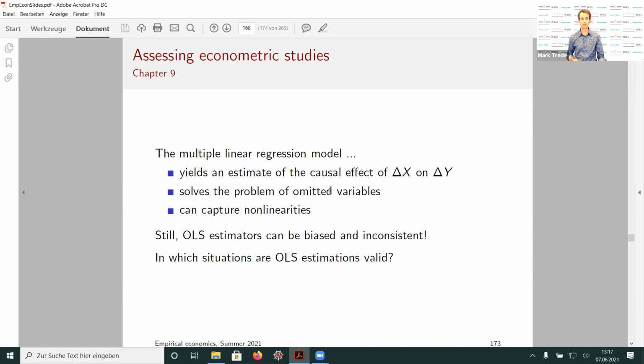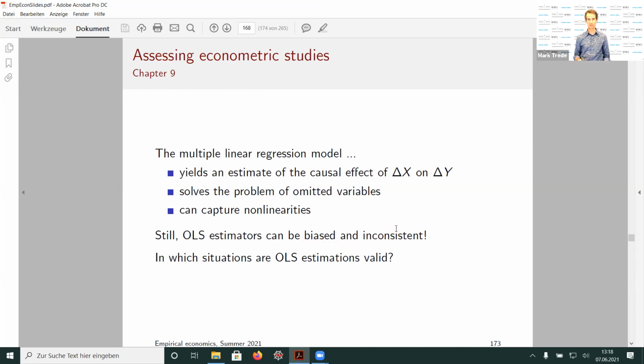And last week and today, we have seen that the linear regression model can also capture non-linear relationships between X and Y. But still, these OLS estimations can go wrong, and the estimators can be biased, and they can even be inconsistent. Biased means they are, on average, or in expectation, larger or smaller than the true effect.